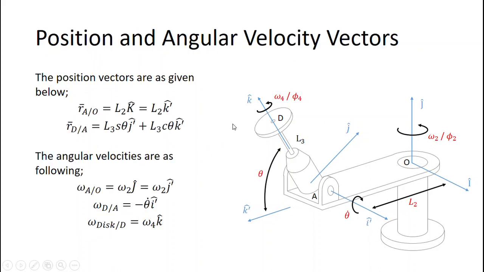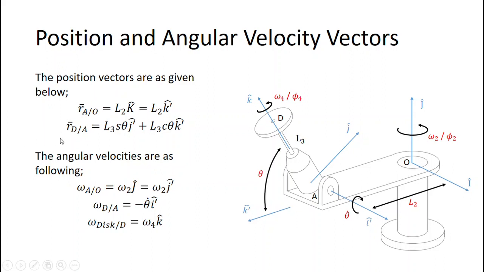Okay. Now, the position and angular velocity vectors for point D and the bodies inside of this system are also important. We might want to put them out first. So the position of point A with respect to point O, as seen in the origin frame at O, is just L2 capital K, which is the same as L2 K prime, because these frames are parallel.